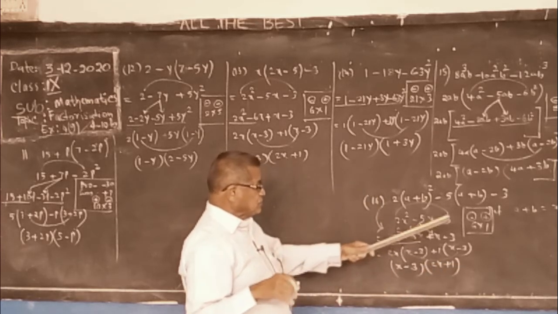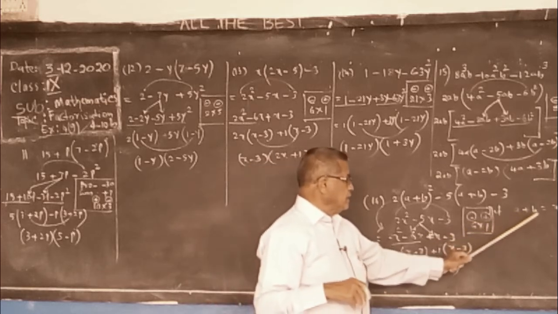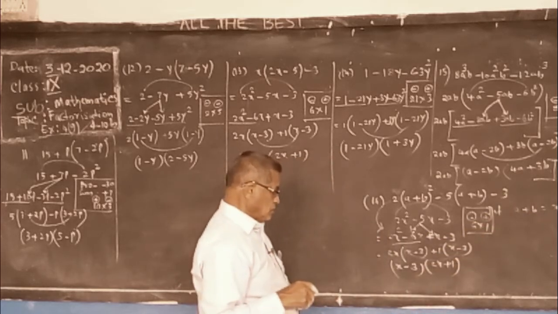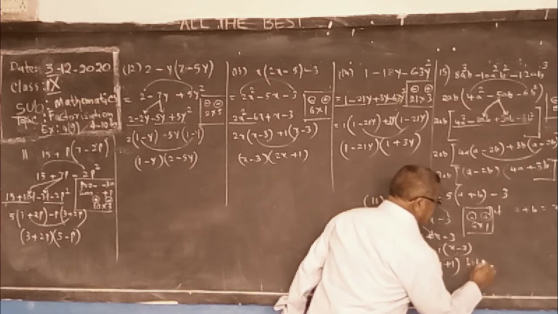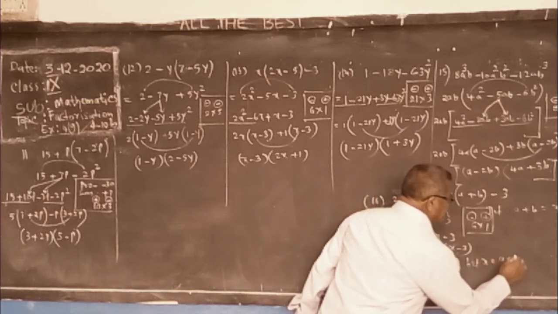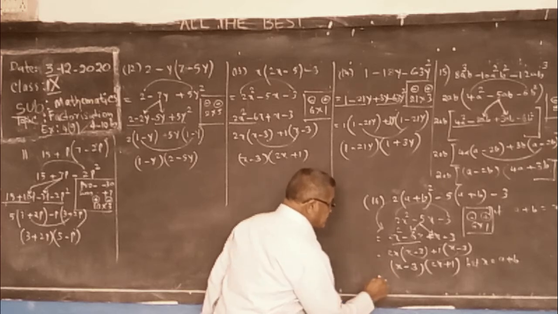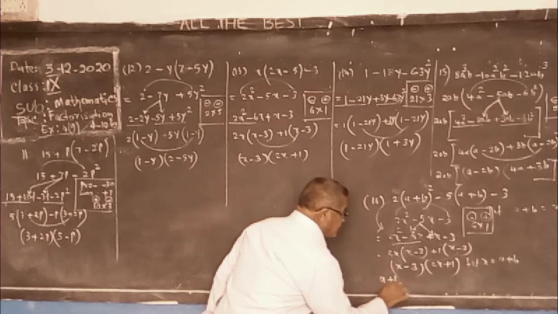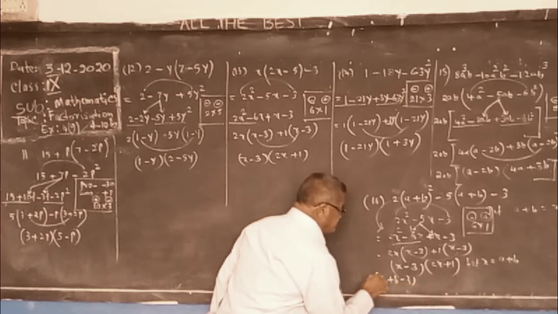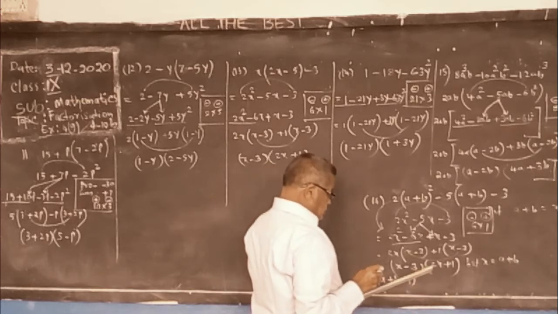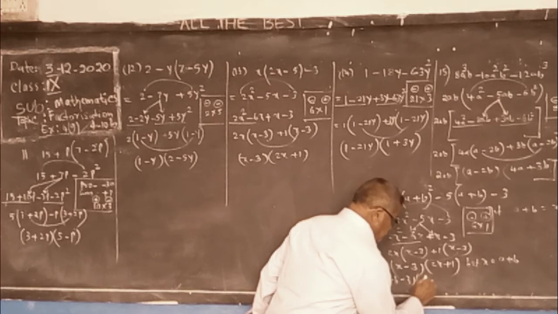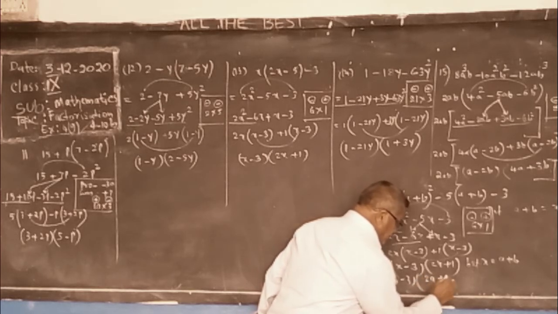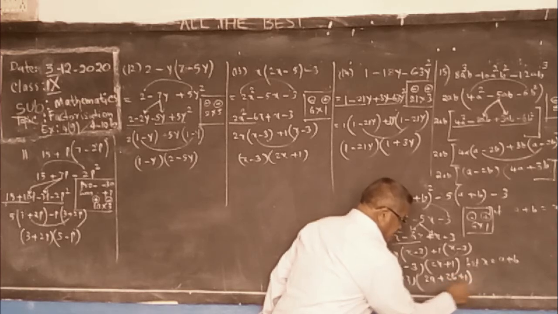But what did we suppose x is? x is equal to a plus b. Now you write a plus b minus 3 into 2x plus 1, where 2x value is 2a plus 2b, plus 1, like this.